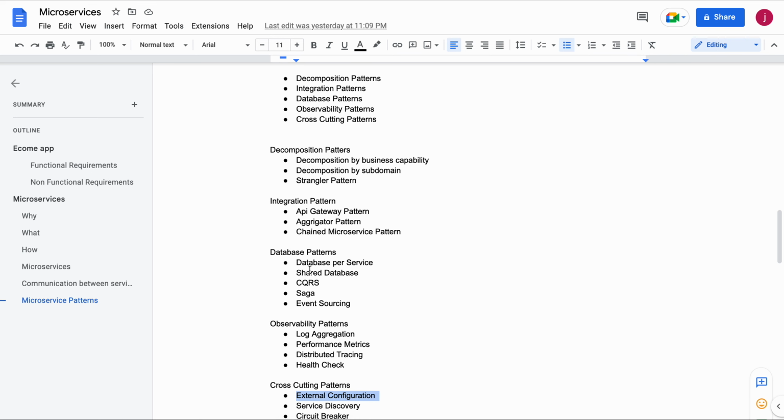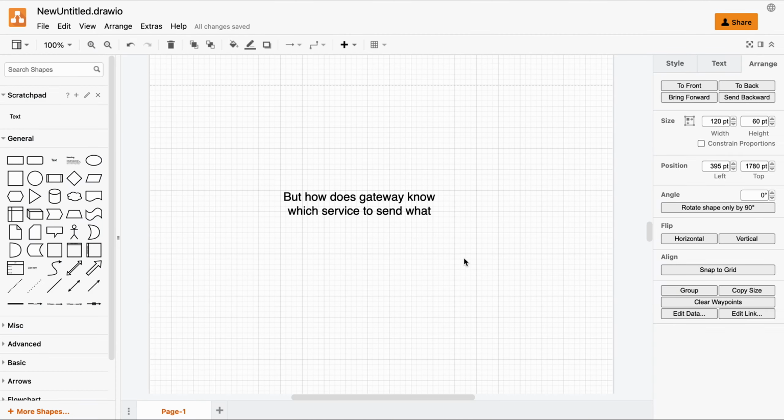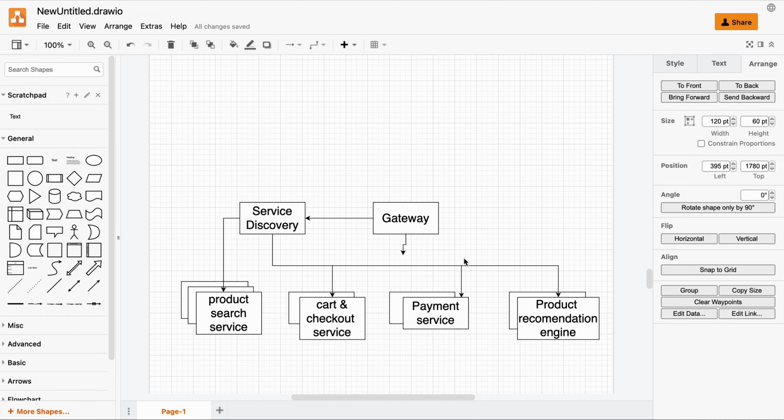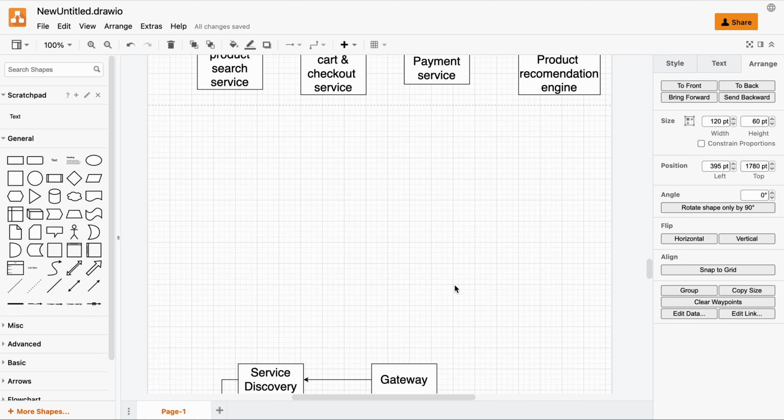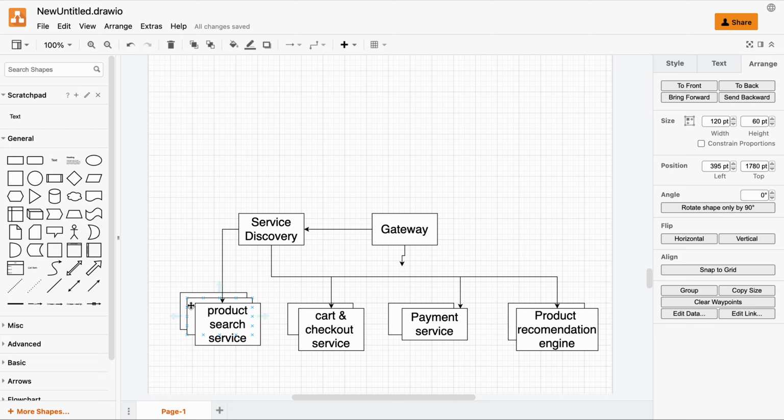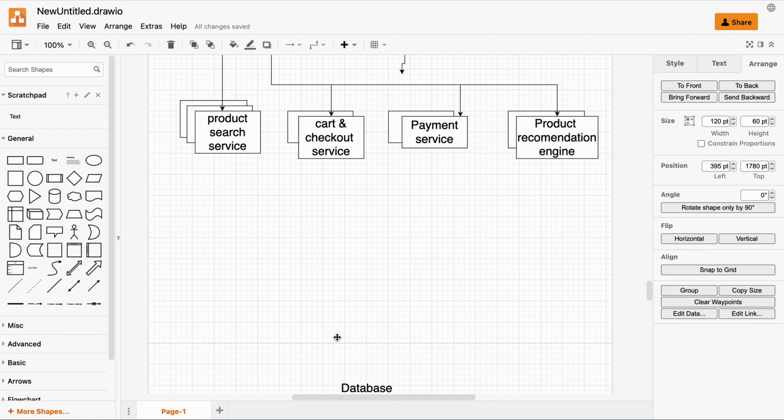Now coming back to the database pattern, as I mentioned, database per service. So we had the service discovery, everything was looking good, and we were able to scale independently.